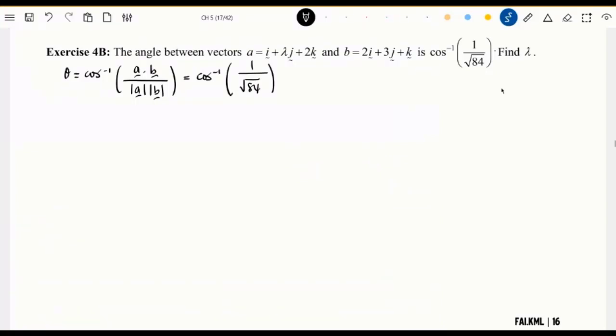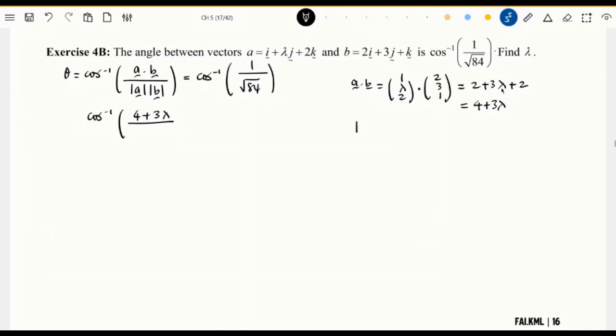Okay, so find the A dot B dulu. A dot B will be 1 alpha 2, 2, 3, 1. Okay, dapat berapa ni? It's gonna be 2 plus 3 alpha plus 2. Kalau simplify dapat berapa? 4 plus 3 alpha. Okay, 4 plus 3 alpha. So kamu boleh gantikan dekat atas ni dengan 4 plus 3 alpha.